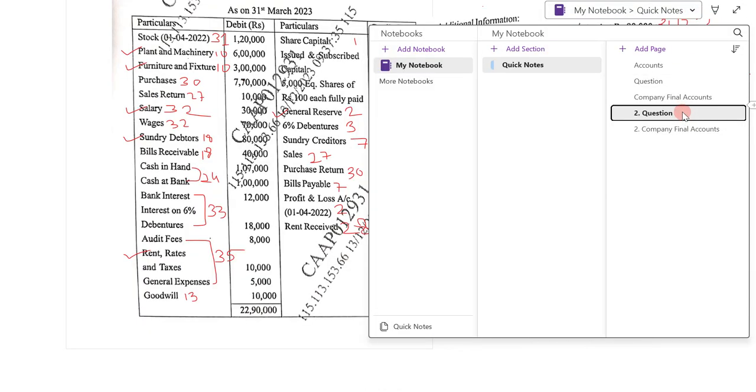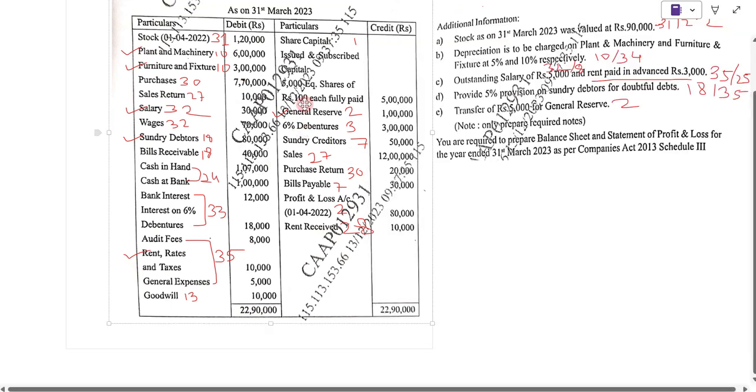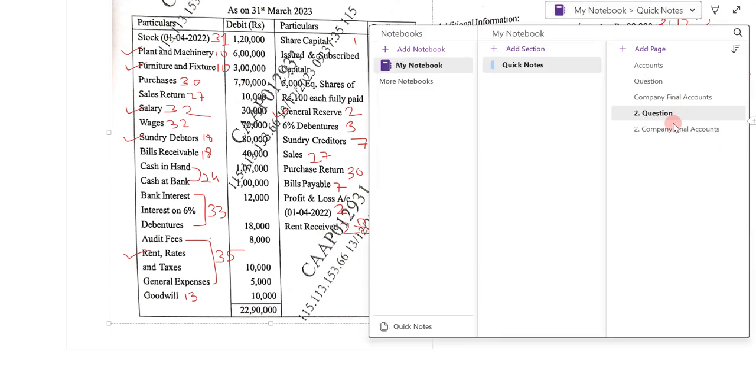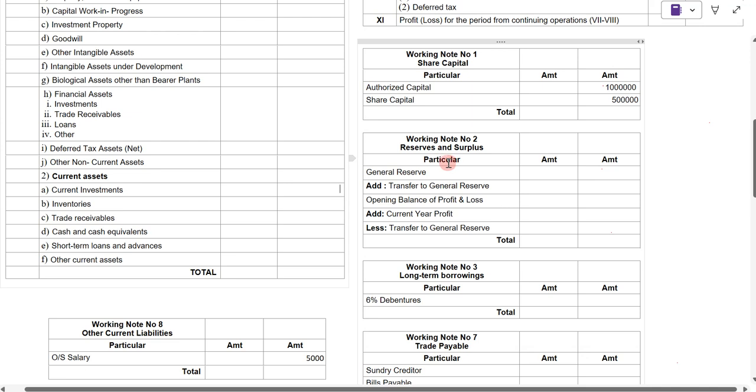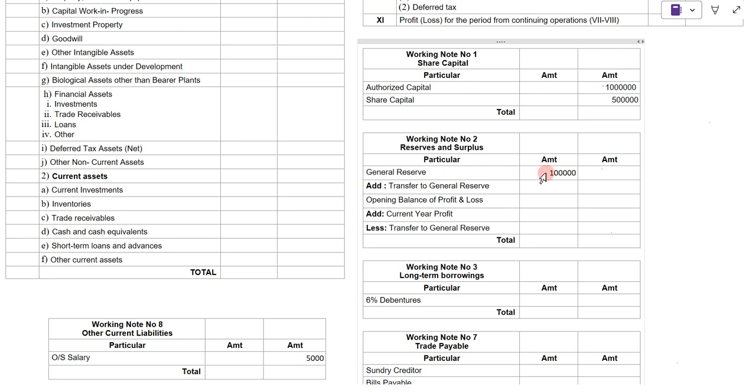After that, general reserve, note number 2, 1 lakh. Then in this we have an adjustment that we have to transfer 5,000 to reserve. So in note number 2, write 1 lakh rupees, add transfer 5,000.